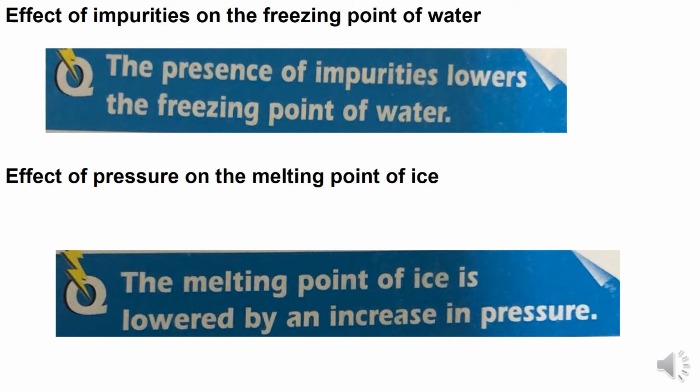So the ice will start to melt, and the layer of water formed enables the skates to glide easily. Why? Because the melting point of ice is lowered by increasing pressure.